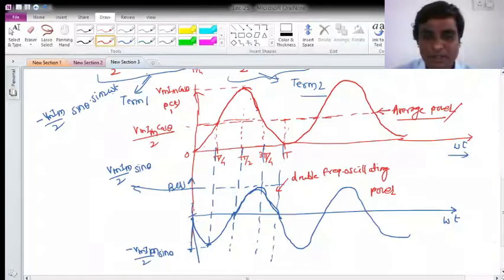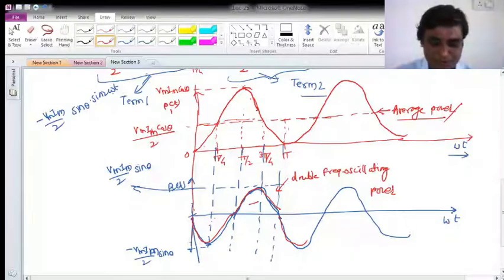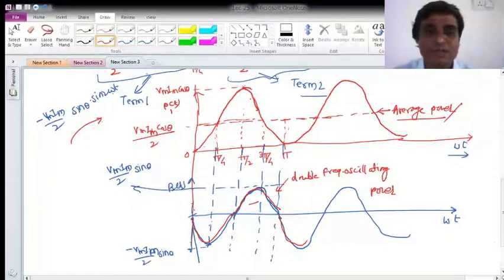Similarly, if I look at here, what I am observing, this power is negative for some time, positive for some time, negative, positive, like this. It means sometimes the source delivers power to the load, and sometimes the load sends power back and the source absorbs it.